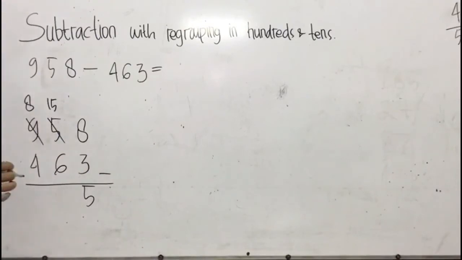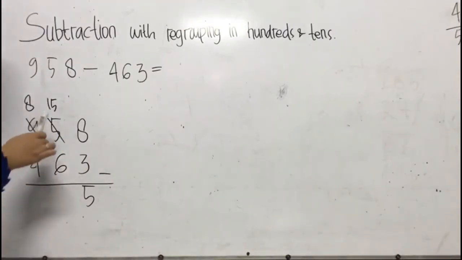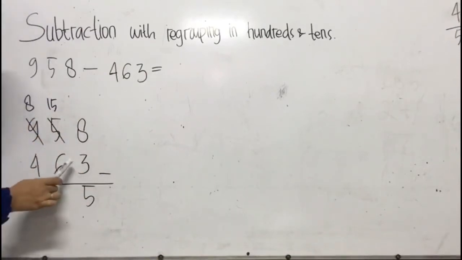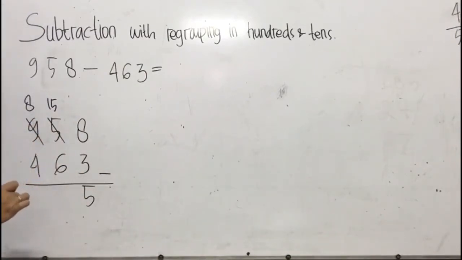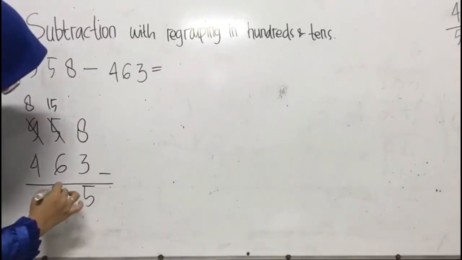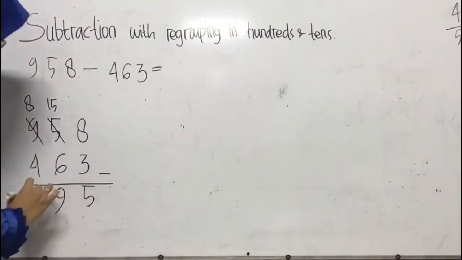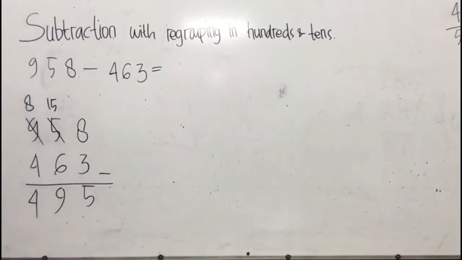Next, subtract the tens. 15 tens minus 6 tens equals, yes, 9. Okay, next, subtract the hundreds. 800s minus 400s equals, yes, 4.